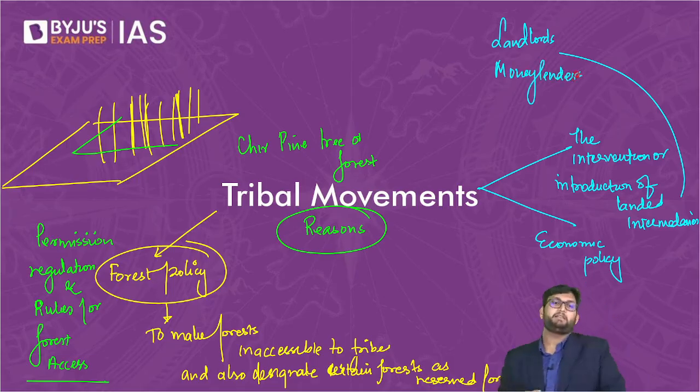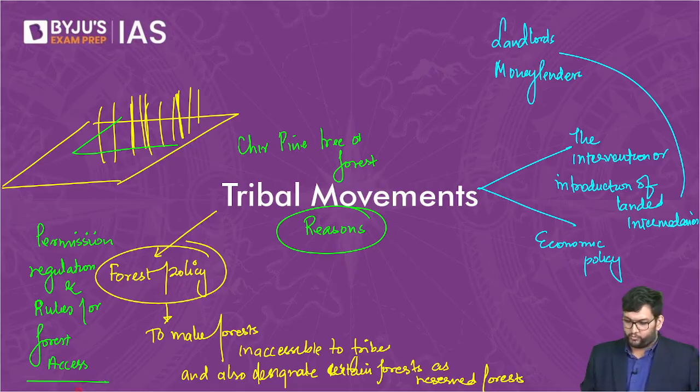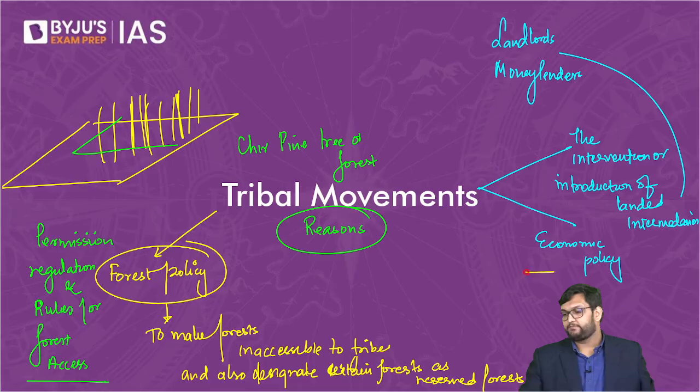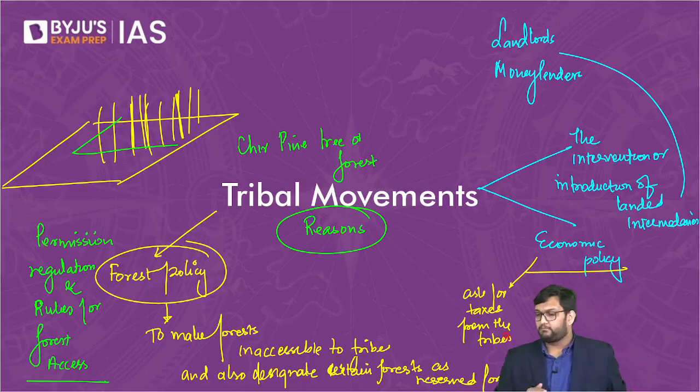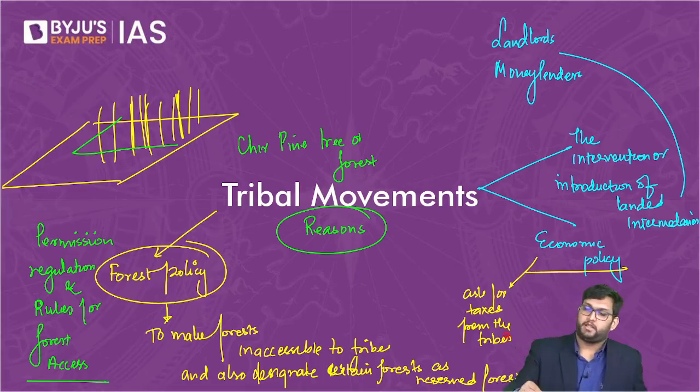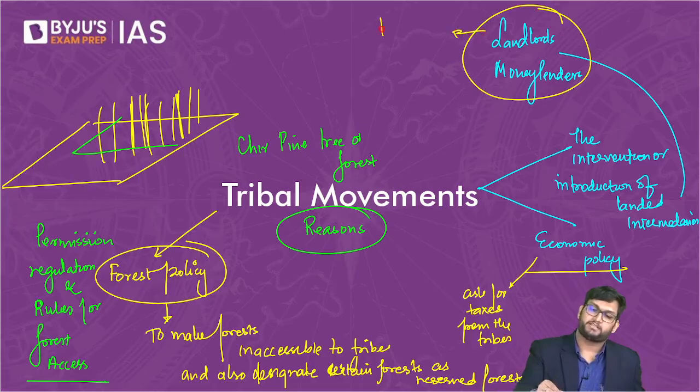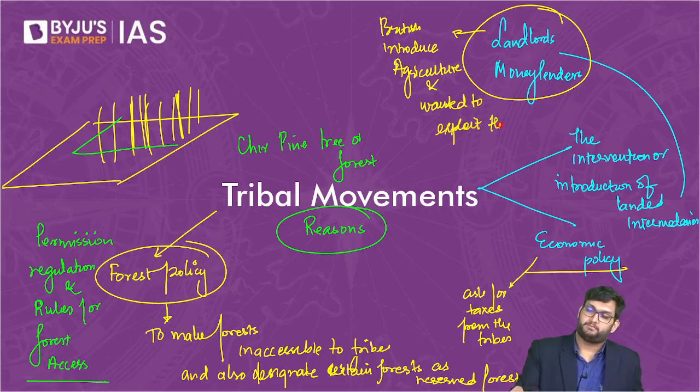See, what the British do is a twofold thing, wherein they start to ask for taxes from the tribes, and more than that, in certain areas, the British introduced agriculture and wanted to exploit the tribes.